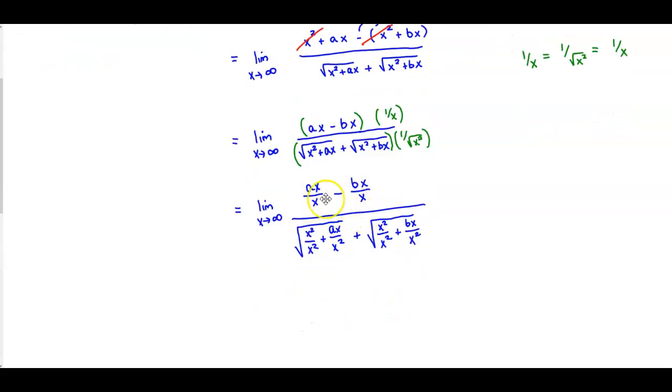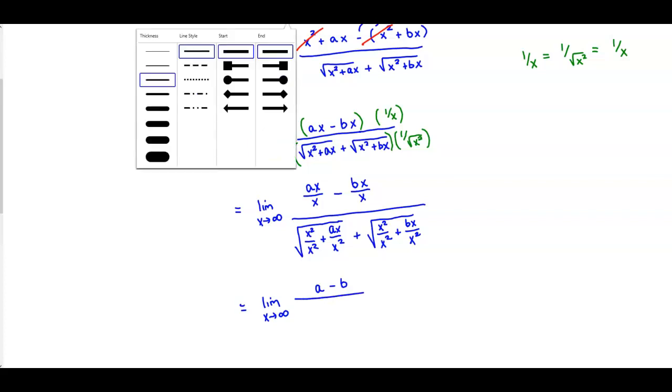So now when we simplify according to x, then we end up getting the limit as x approaches infinity. That x and x, so we're left with a minus b in the numerator.